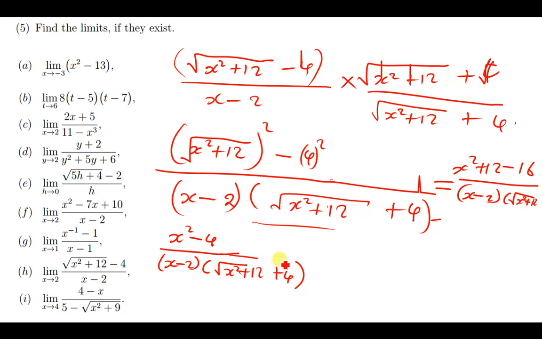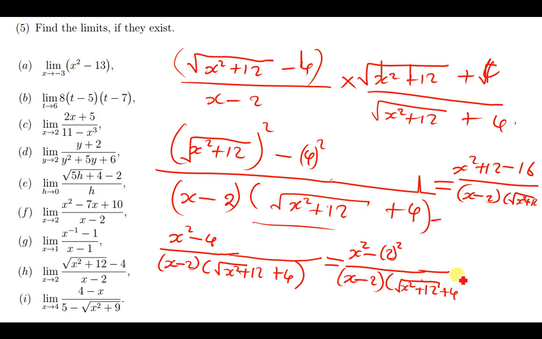Then from there, I'm going to simplify the numerator. That's the difference of two squares. It can be written as x squared minus 2 squared, and then I'm going to have x minus 2, and then I have the square root of x squared plus 12, then plus 4 outside.